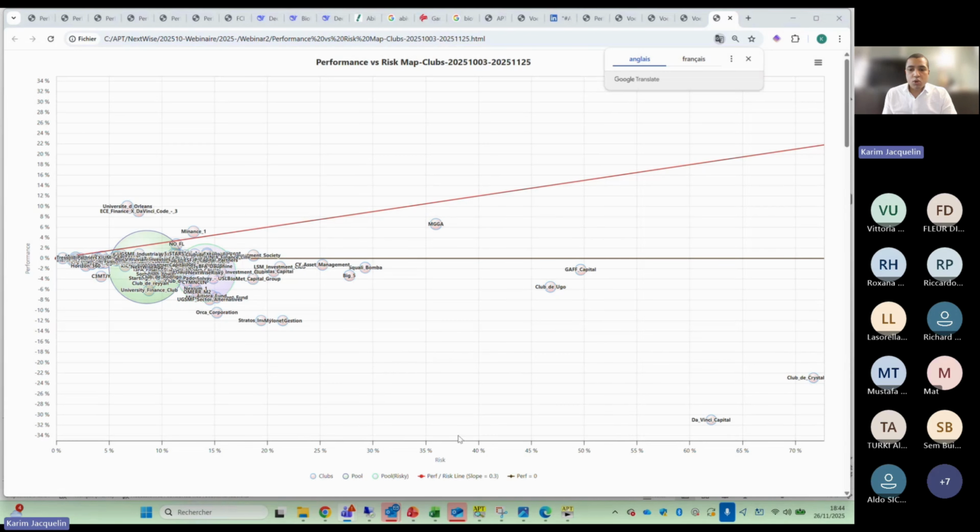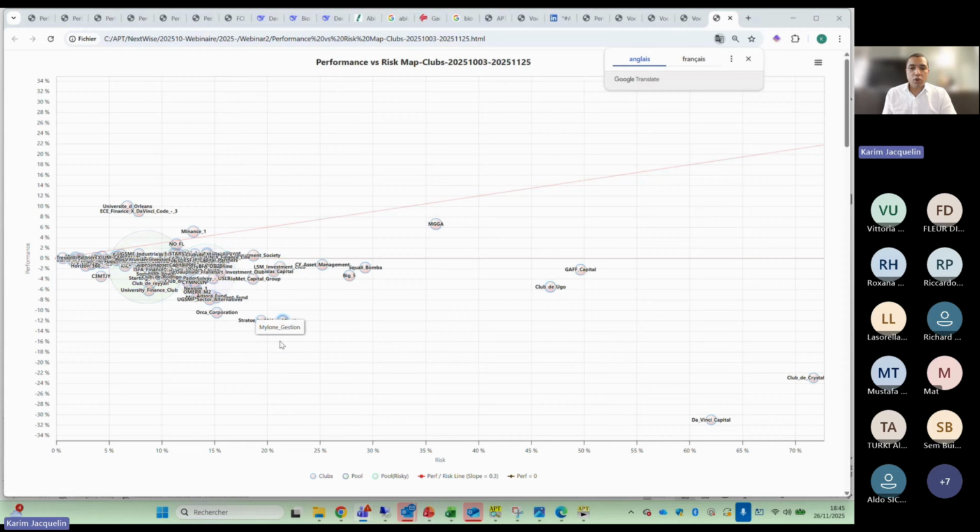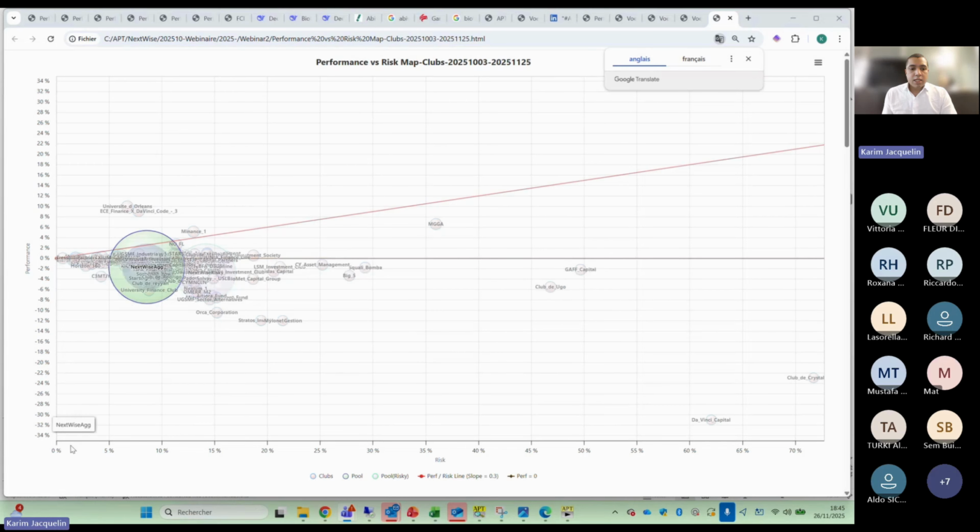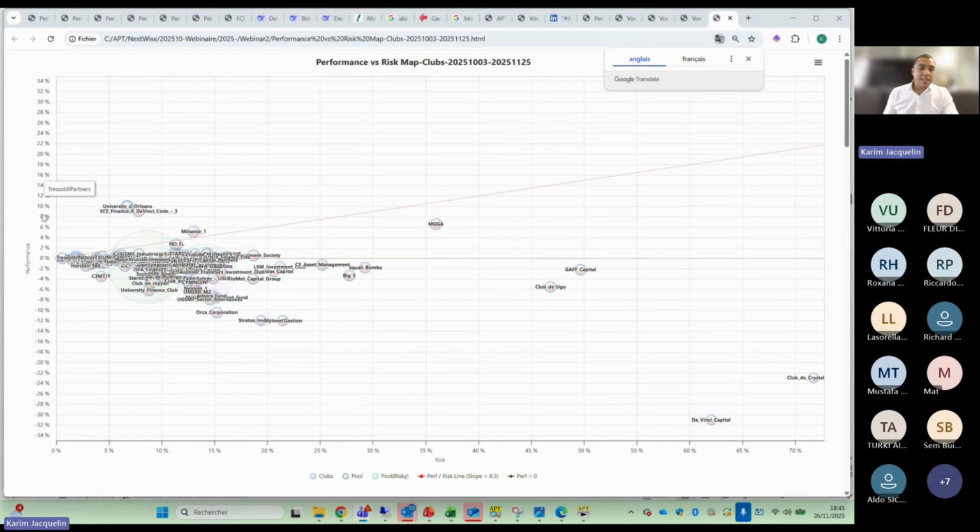The first one is the risk, computed as the ex-ante volatility of your portfolio as of the calculation date. So this is the risk of each portfolio as of end of yesterday. This is on the x-axis. On the y-axis, you have the performance of your portfolio from the beginning of the period to the end of the period.